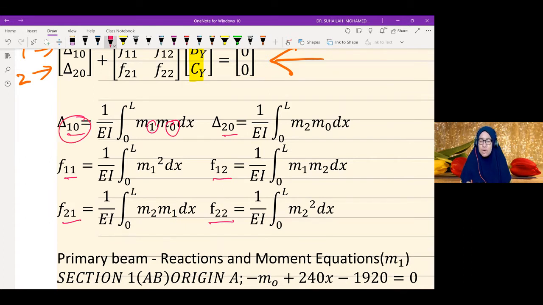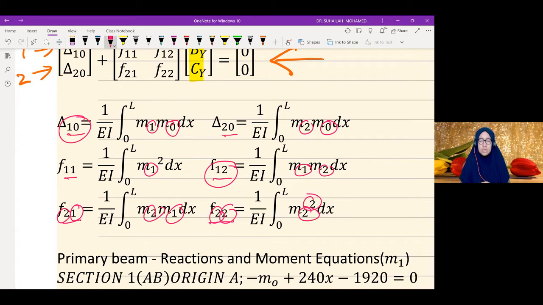And then we have 2 knot, M2, M knot. And then F11, M1 square, M1, M1. For F12, M21, and then 2, 2, we get M2, M2.